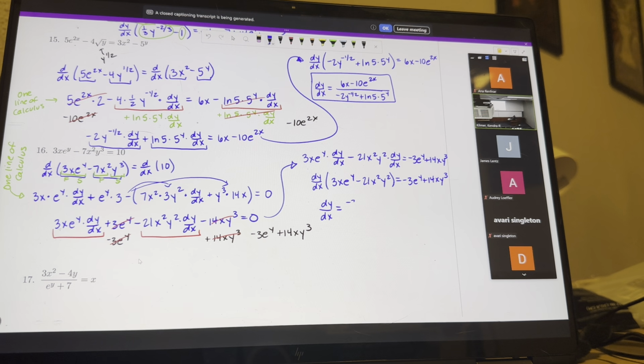So I end up with negative 3 e to the y plus 14xy cubed, divided by 3x e to the y minus 21x squared y squared. And so again, we're able to find an expression for the derivative without knowing what y is as a function of x.